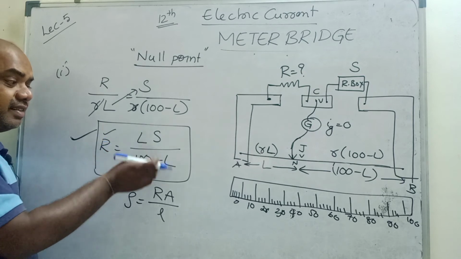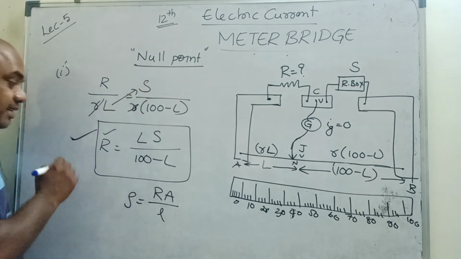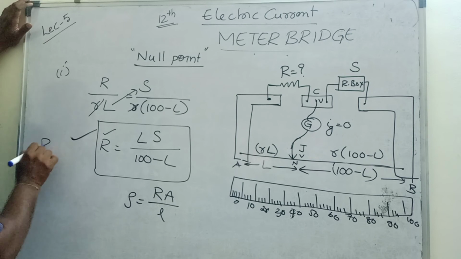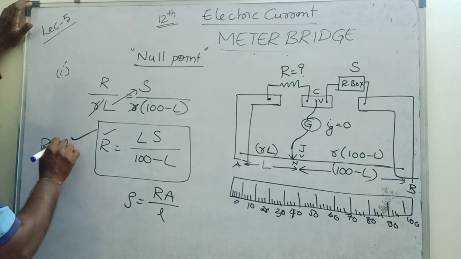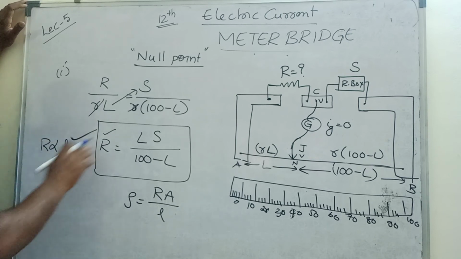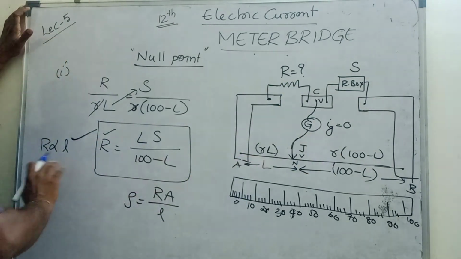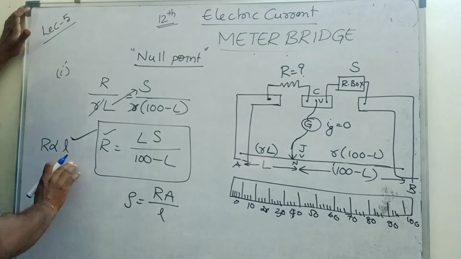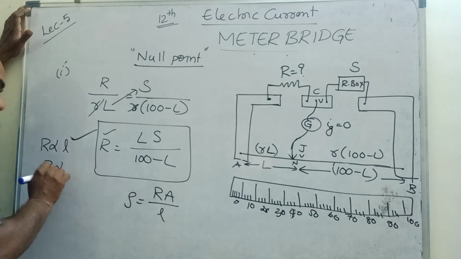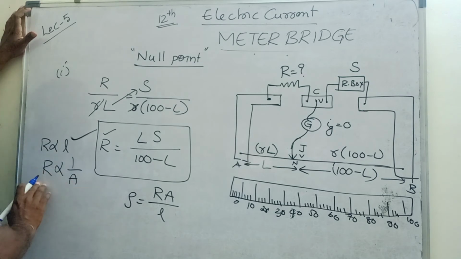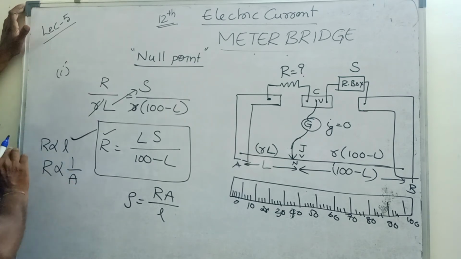If length increases, automatically resistance also increases. From this you can directly observe that resistance is directly proportional to the length of the conductor. If this length increases, the jockey moves forward. So length increases, resistance also increases. Thickness increases, area of cross section increases, resistance decreases.